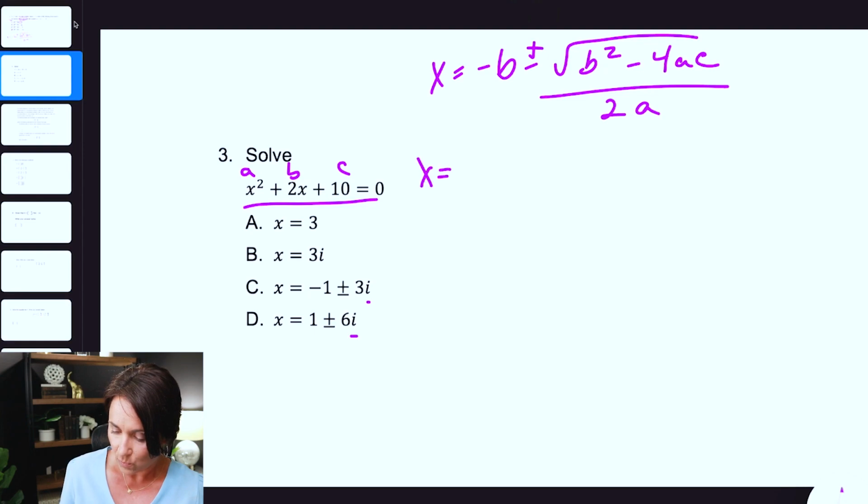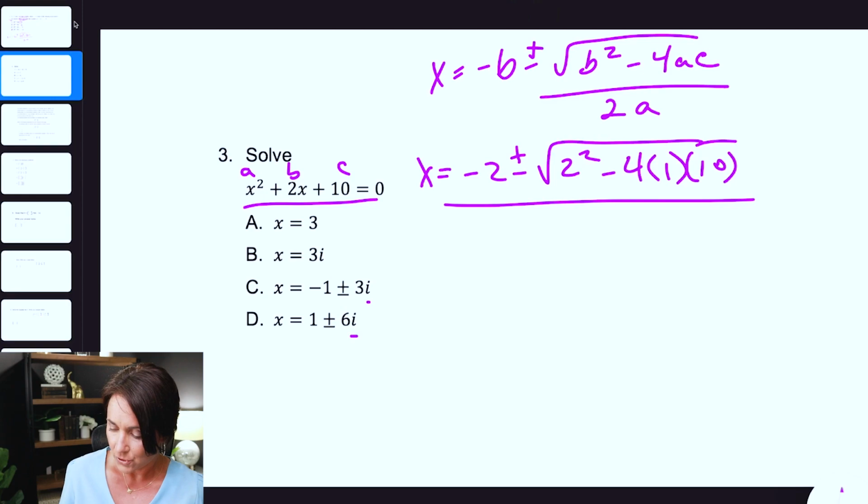So we have x equals negative b, so that's going to be negative 2 plus or minus the square root of 2 squared, because b is 2, minus 4 times a, which is 1, times c, which is 10. And that's all over 2a, or 2 times 1. Now let's work this out. x equals negative 2 plus or minus, well, what's 2 squared?